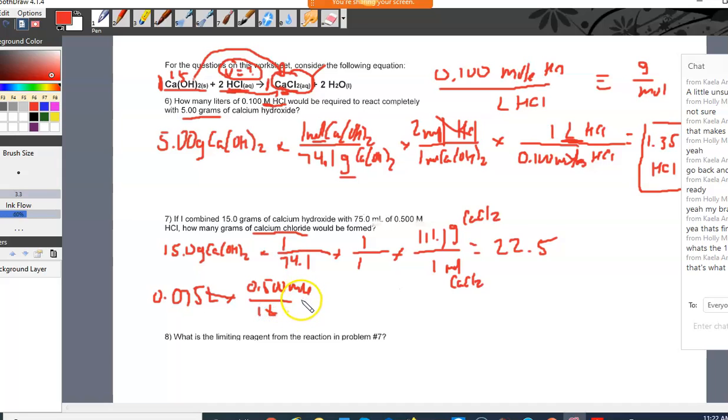So this converts to moles of HCl. But I got to get to calcium chloride. So there's 2 moles of HCl to 1 mole of calcium chloride. And then now, again, we're going to multiply this by the 111.1 grams.